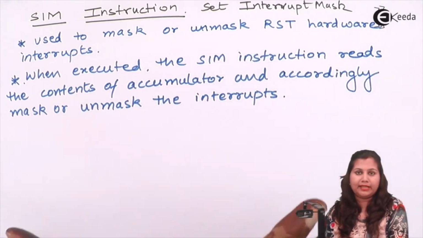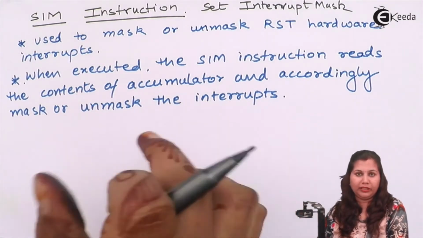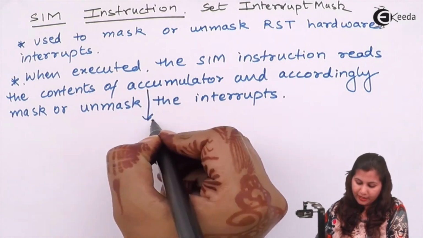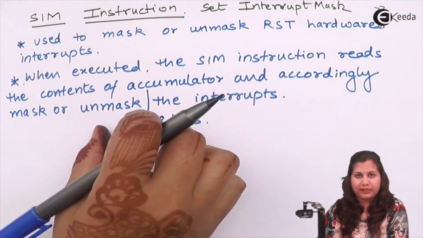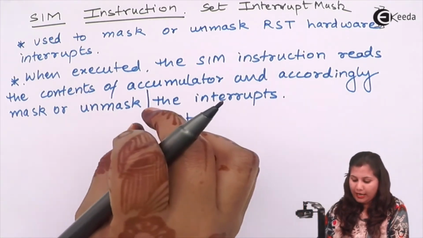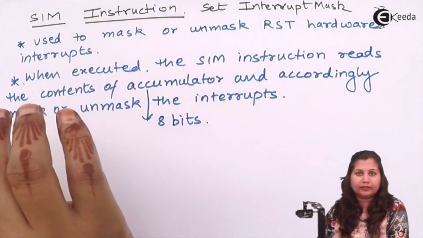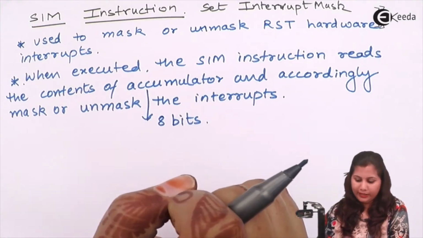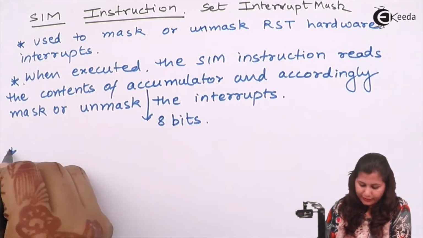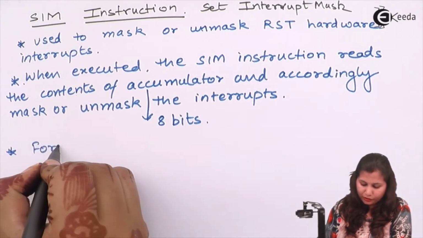Those 8 bits are specified. Every bit of the content of the accumulator, because the accumulator is an 8-bit register, those 8 bits are fixed, and according to that content, the masking and unmasking of the interrupts will take place. So let's see the format of the control word.